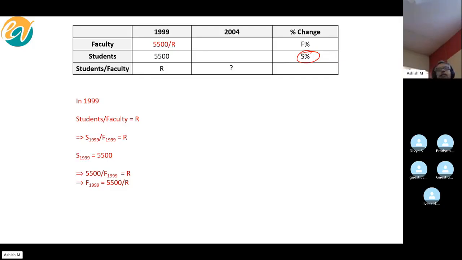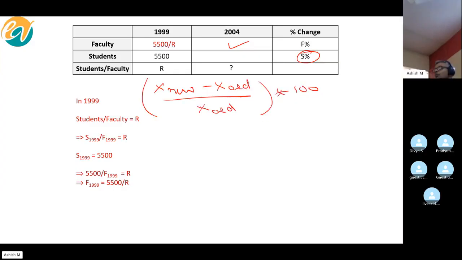But when you're doing the calculation, it's just a variable, right? So for example here, tell me what's the value of this? How do we find out? It is given to us: X new minus X old divided by X old into 100. That's how you find out the change, right?